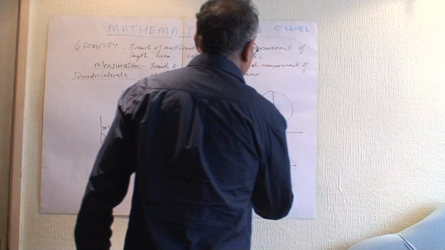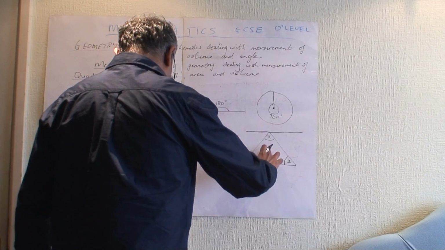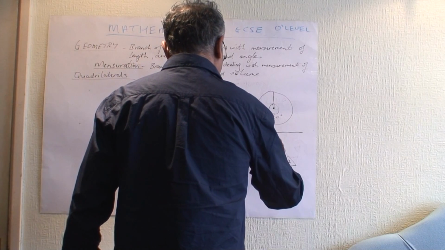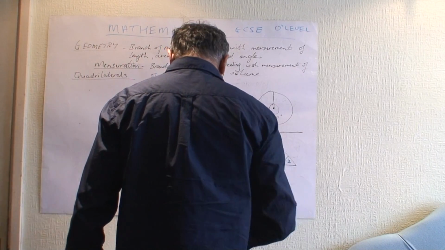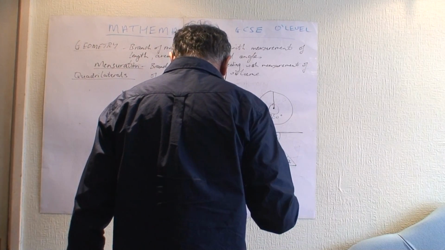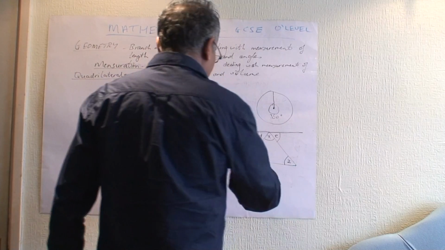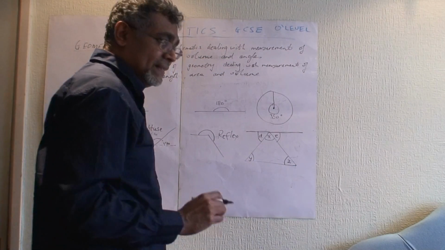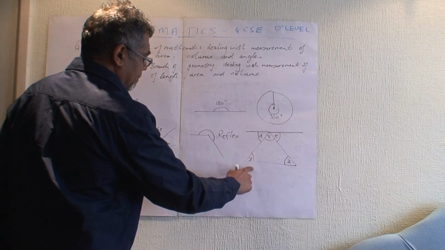If we have a line across the top, and we call this D and we call this E, you'll find that D and Y are alternate angles. Alternate means they are the same.